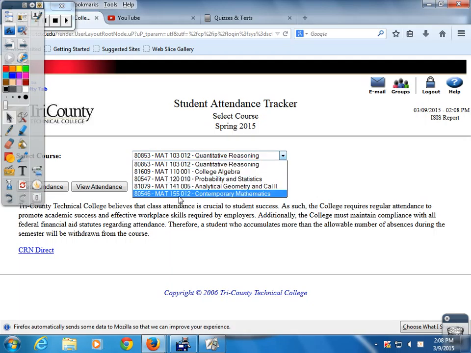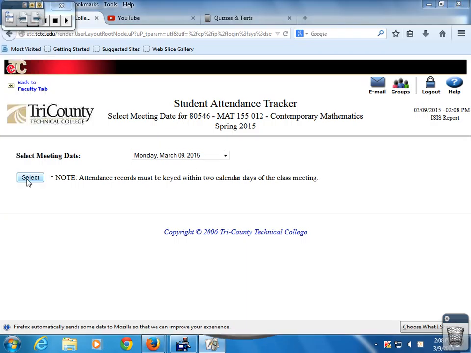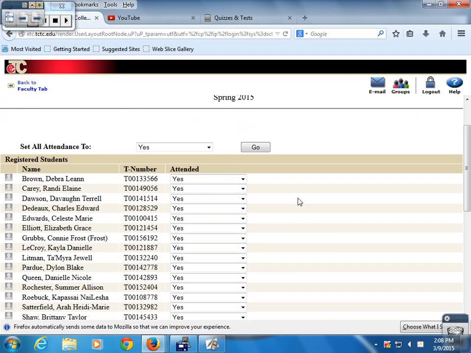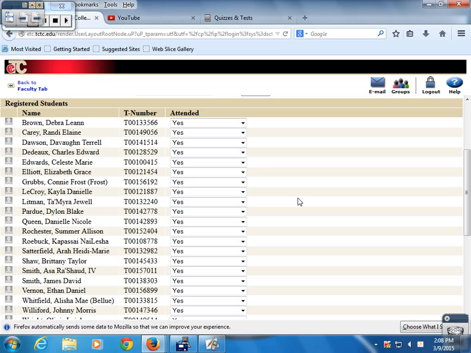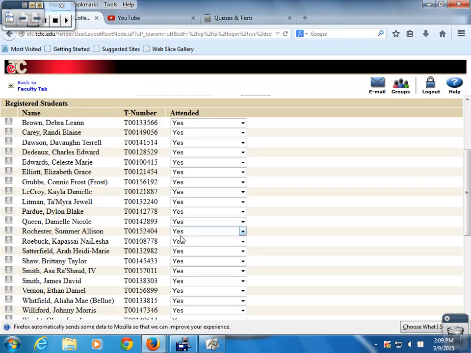155. Brown. Carey. Dawson. Charles. Edwards. Elliott. Grubbs is here. Lee Croy. Littman. Pardue is here. Queen is here. Rochester is not here.